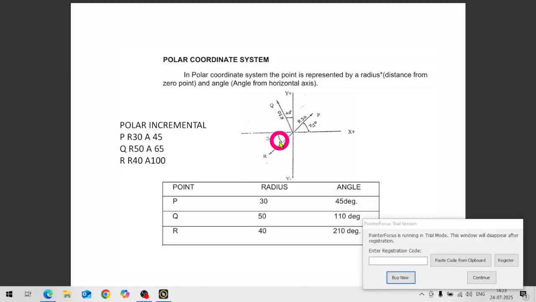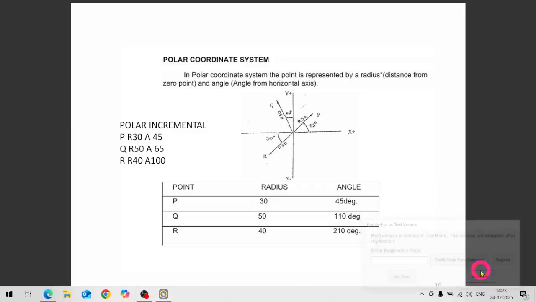So this angle will become 100 degree. So this way we can define in polar coordinates incremental mode. This way we can define this also, and one more example is there.